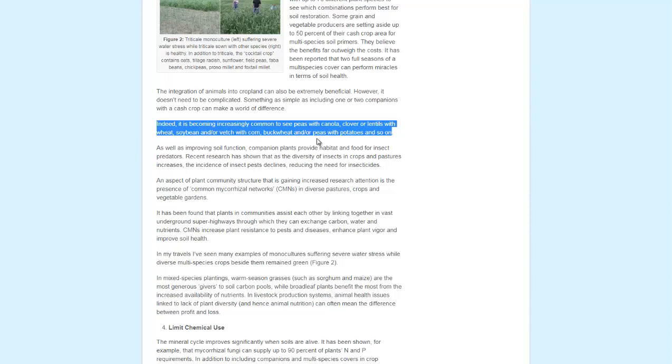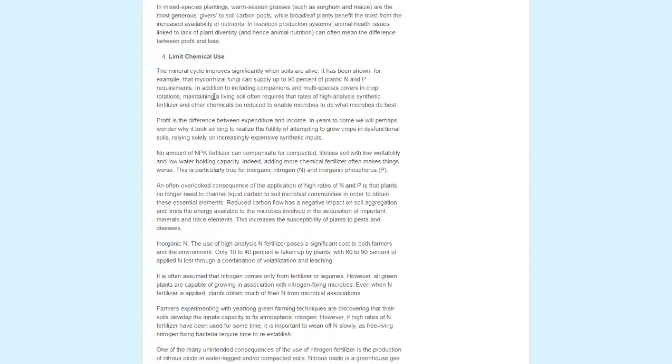But they also talk about, in this section, limited chemical use. Only about 10 to 40% of non-organic nitrogen fertilizer is uptaken by the plants, with 60 to 90% gone.